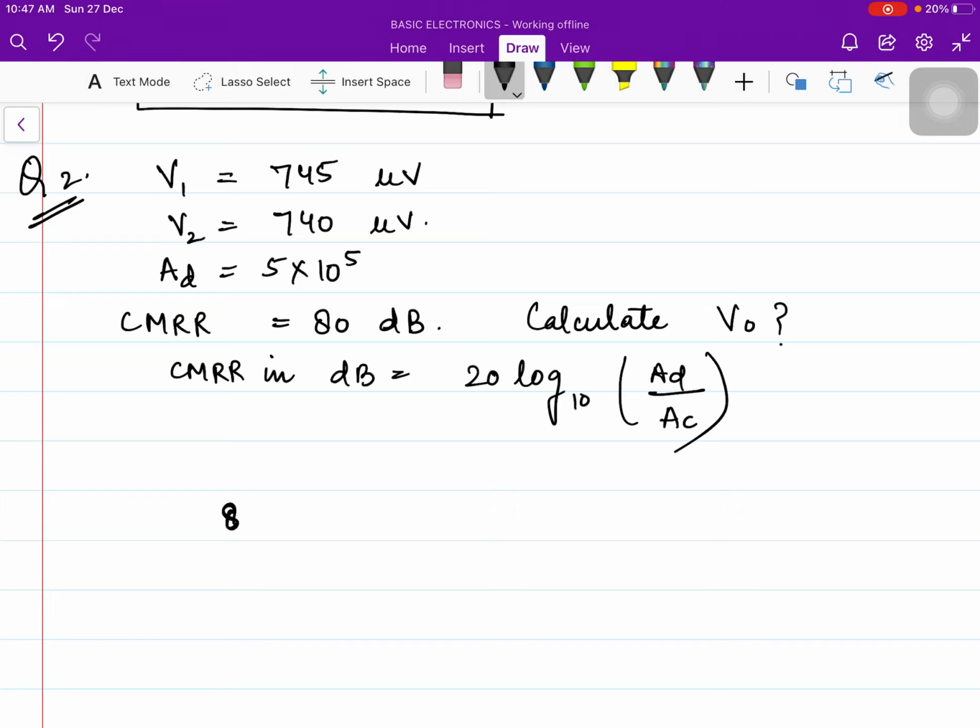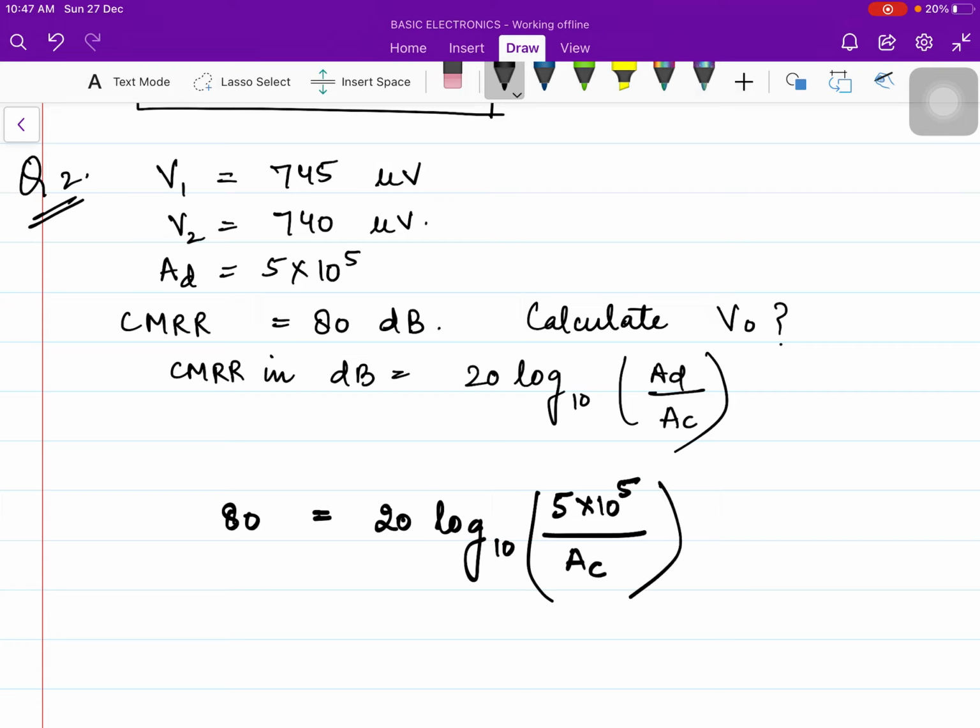You have to write 80, that is in decibels itself, 20 log base 10, and what is AD? 5 into 10 raised to the power 5 upon AC. Now if you want to calculate AC from here, you need to remove this log. So first of all I will bring 20 here, so it will be 40 log base 10, 5 into 10 raised to the power 5 upon AC.